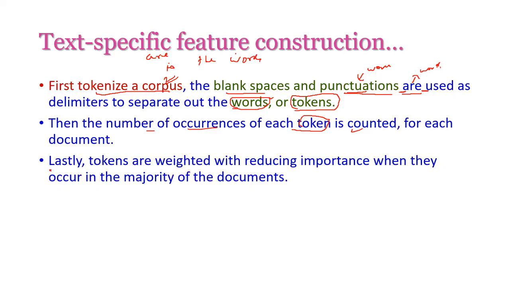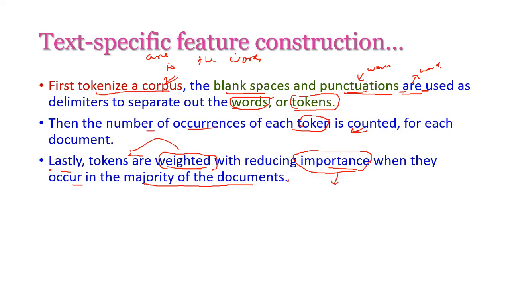And lastly, the tokens are weighted with reducing importance when they occur in the majority of the documents. So once the words are counted, a weight will be given to each token, based on the importance of that particular word.